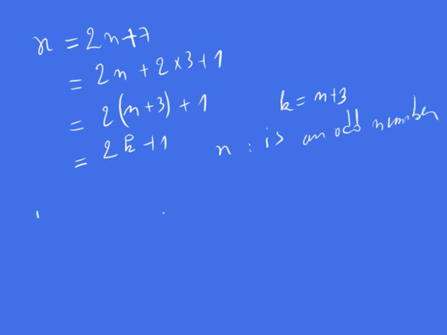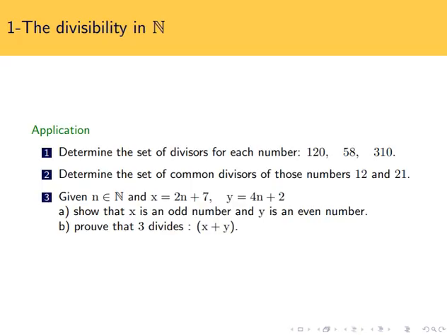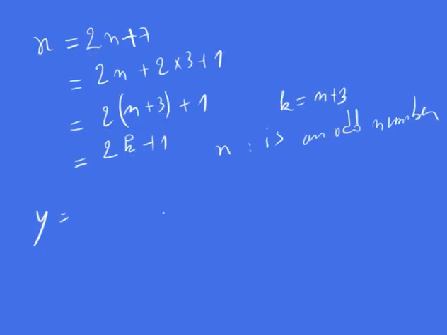For y, we have y equals 4n plus 2. We can factorize by 2, so y equals 2 times (2n plus 1).